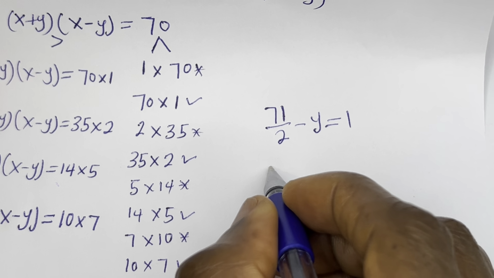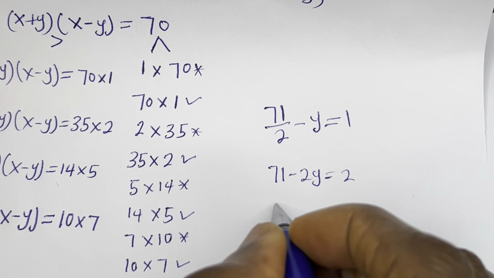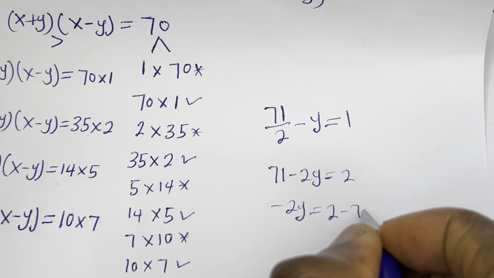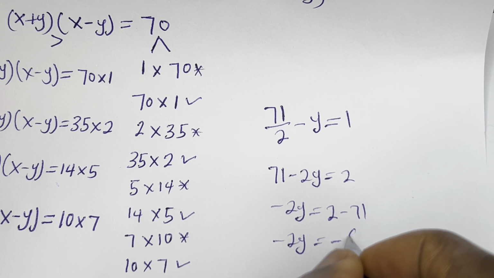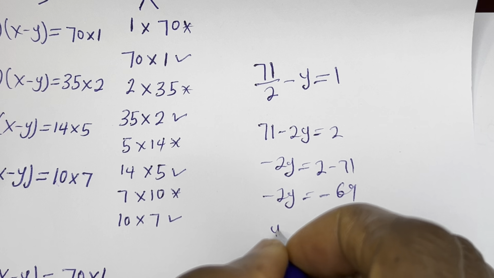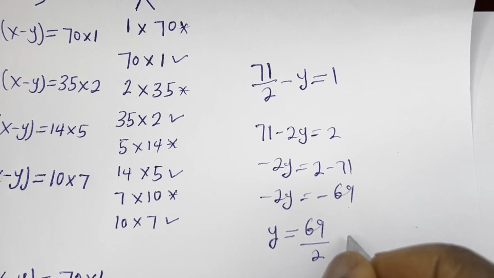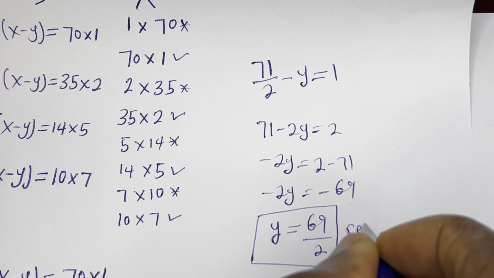This becomes 71 minus 2y is equal to 2. Minus 2y is equal to 2 minus 71. Minus 2y is equal to minus 69. y is equal to 69 over 2, and this is not a natural number as well. It is rejected.